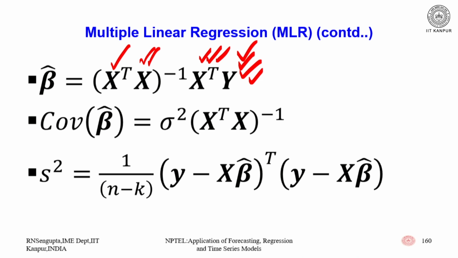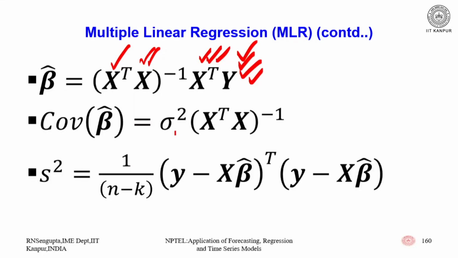We have to check them, but I am assuming them to be true because utilizing all this information would take a long time in the discussion, given that we would have to do many statistical tests. Then again the second term is x transpose x inverse, and s square, which is actually the standard error square for the sample. This is the interesting part, and it will appear time and again later on.